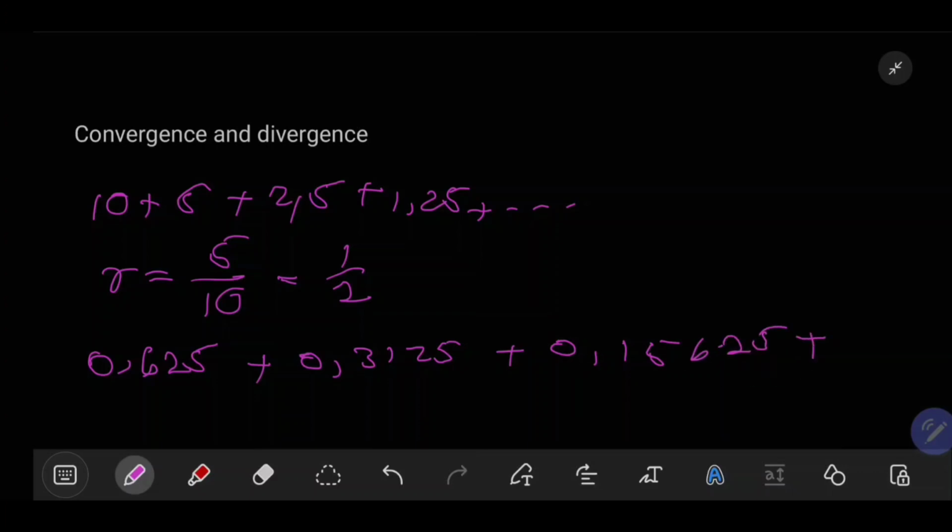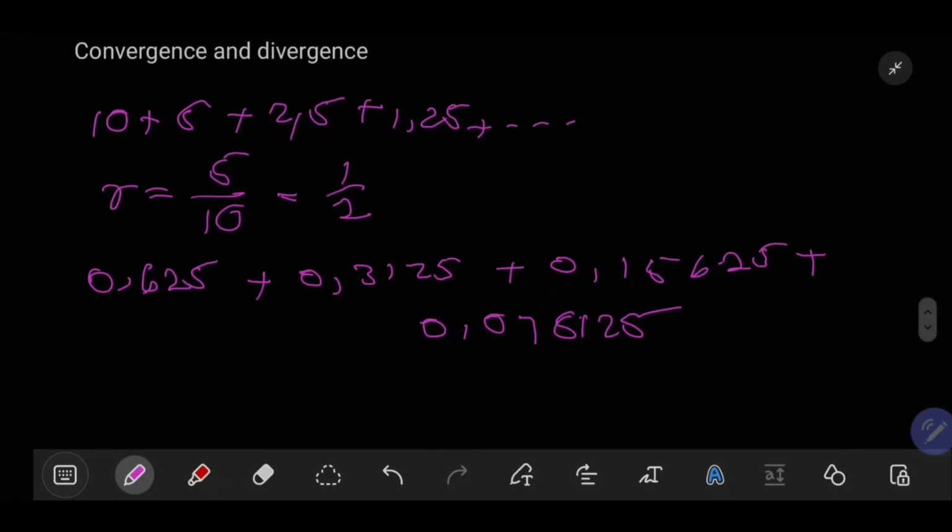Then we multiply this by the ratio, we get 0.078125. You can see that the numbers are getting smaller and smaller, so at some point these numbers will approach 0.